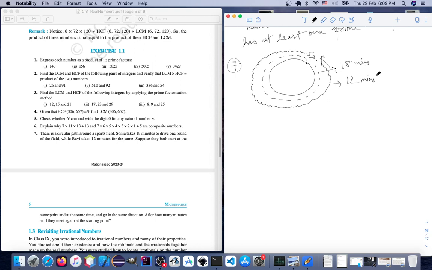Let's assume that after n minutes they both meet at the starting point.